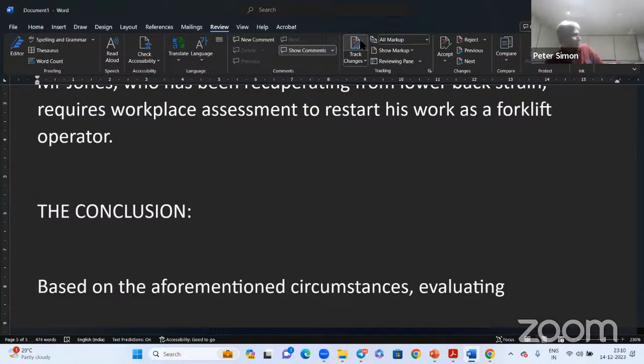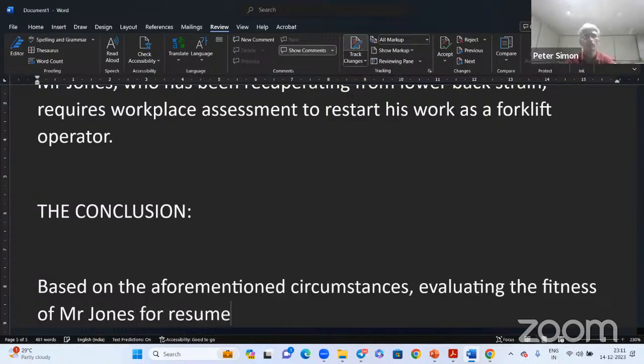Evaluating what? Evaluating the fitness of Mr. Jones for resuming or returning to work, resuming professional responsibilities.